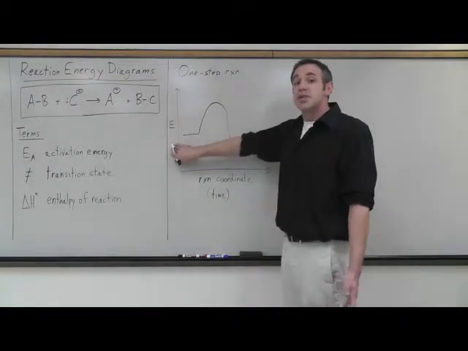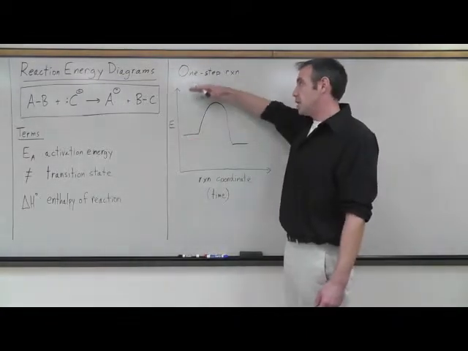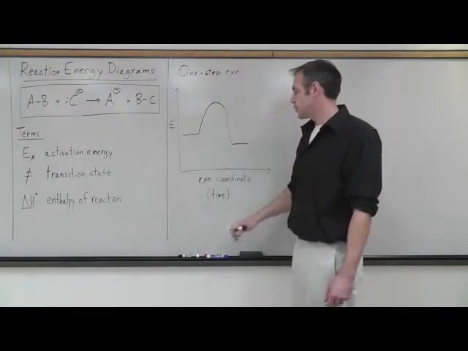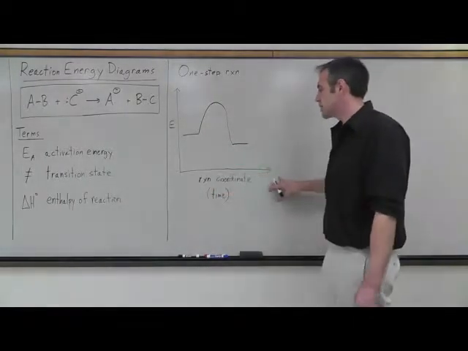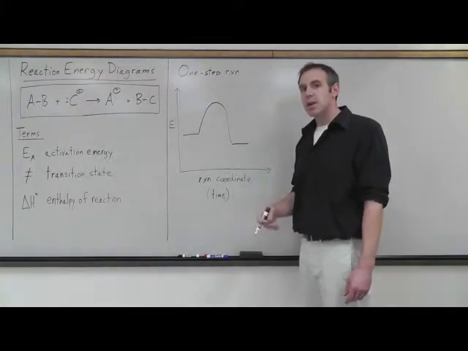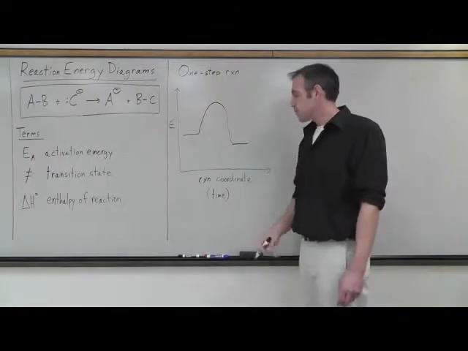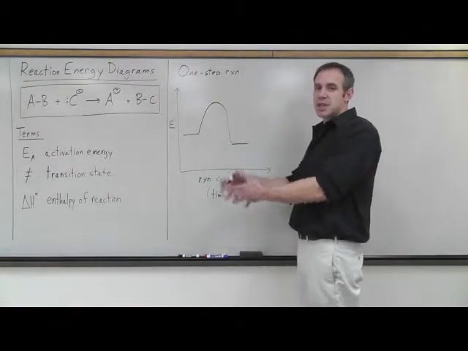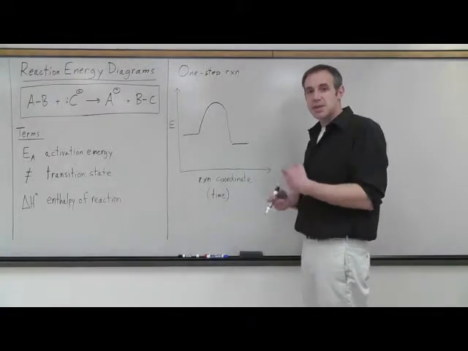On the y-axis is just energy, and higher energy means less stability throughout the reaction. The x-axis is called the reaction coordinate or reaction progress. Basically we're talking about time, if you're thinking of starting with reactants and going to the products, as that process takes time.